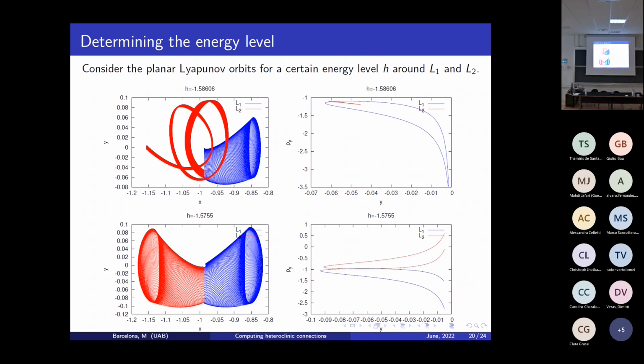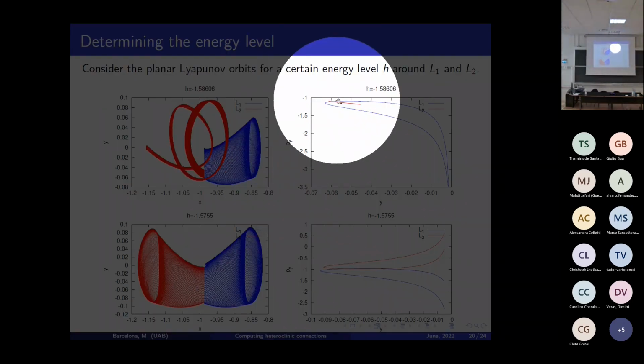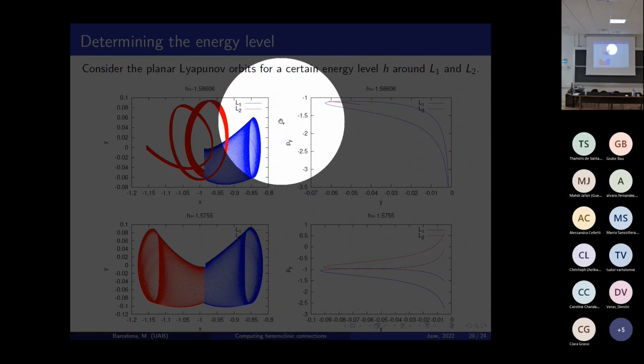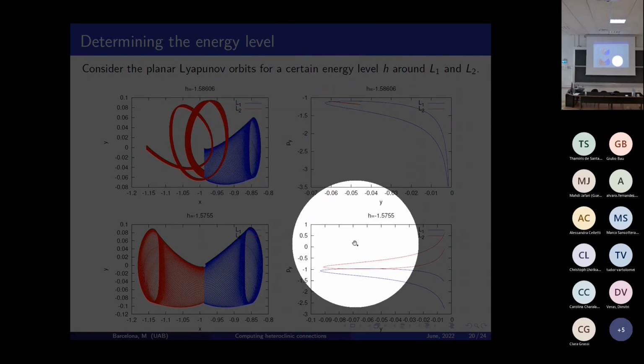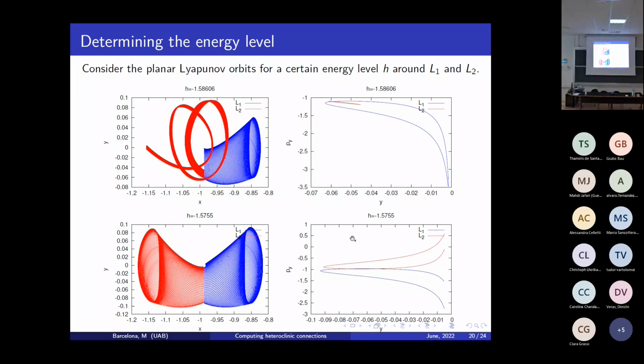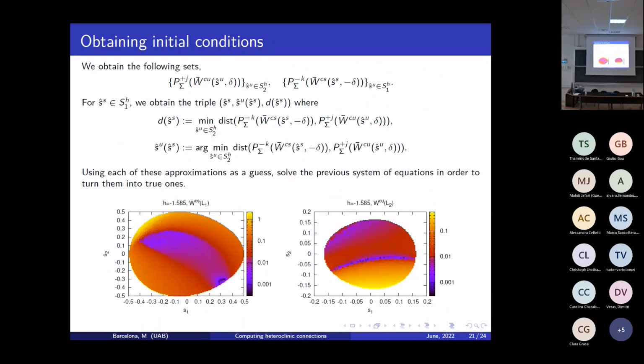So what we do is to compute the planar Lyapunov orbits and integrate them until the Poincare section, and look if we can have heteroclinic connections between these two periodic orbits, and we try to find these intersections between both images. And if we have, we can compute the isoenergetic slices.